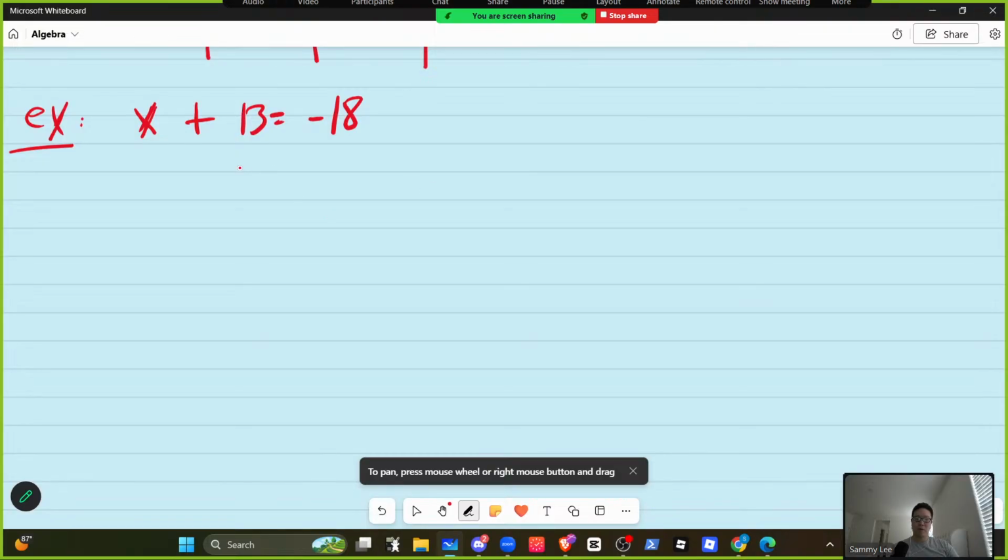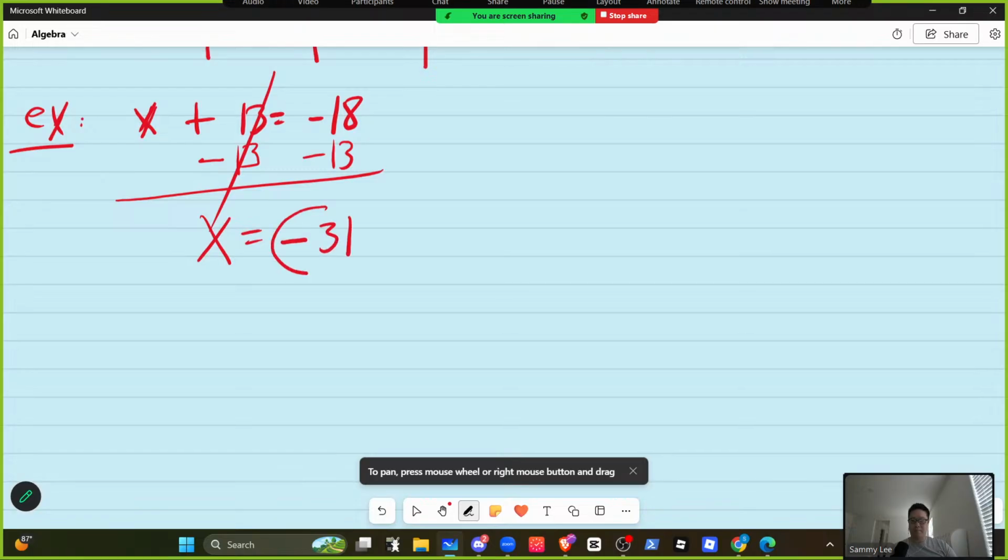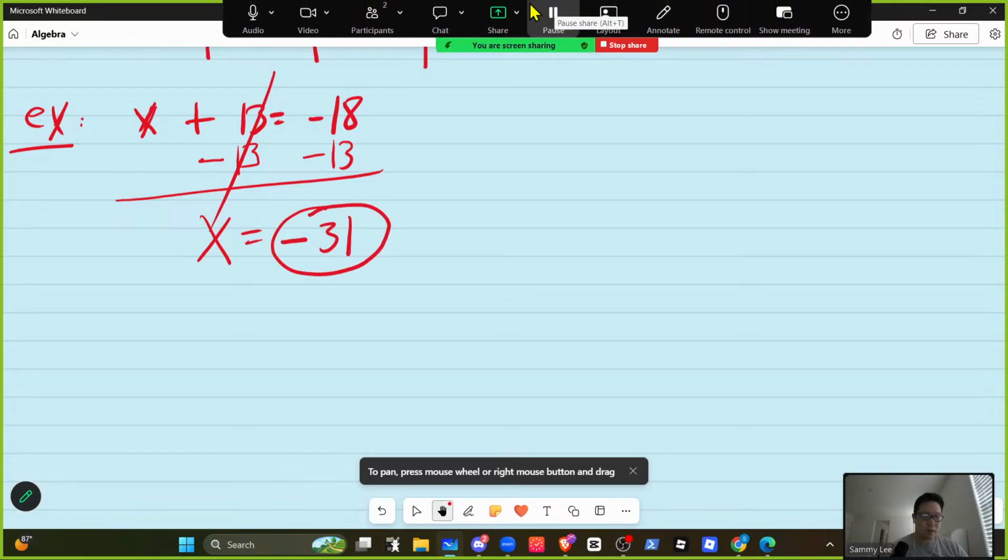Okay. So what would be the inverse operation for this one? Minus 13. Yeah. We're adding 13, so we're going to subtract 13 from both sides. The 13s cancel out. We have x equals negative 18 minus 13, which gives us what? Negative 31. Good. All right.